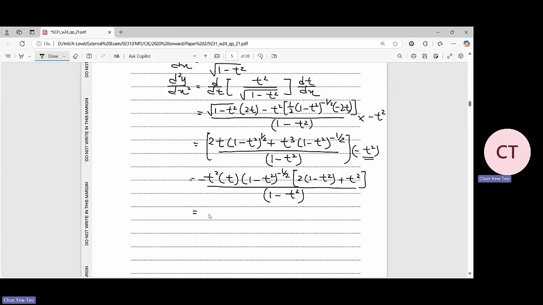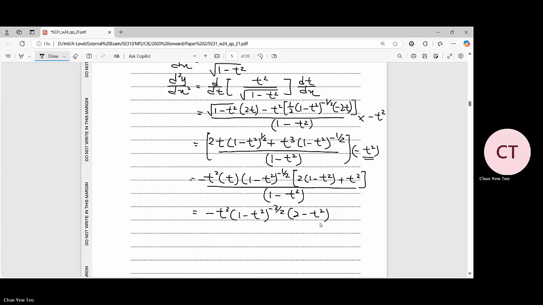Then we simplify it and you get negative t cubed. These two can combine together, so it will be 1 minus t squared to the power negative 3 over 2. Then inside here, we just expand and simplify, and you will get 2 minus t squared.